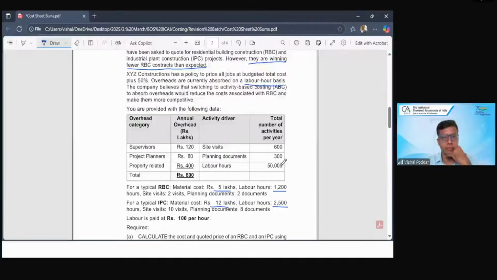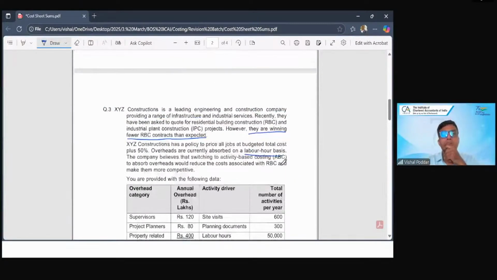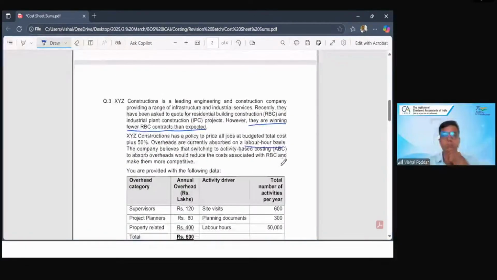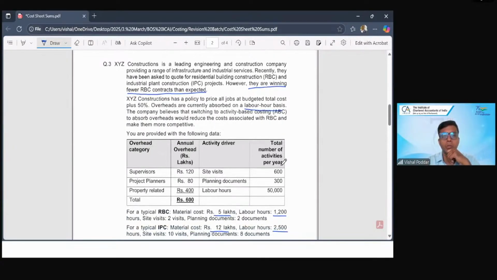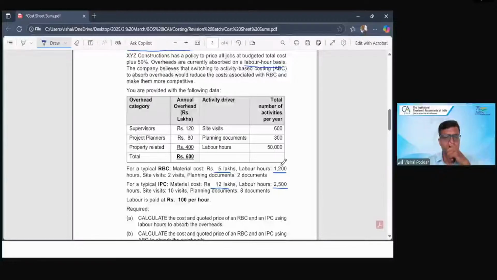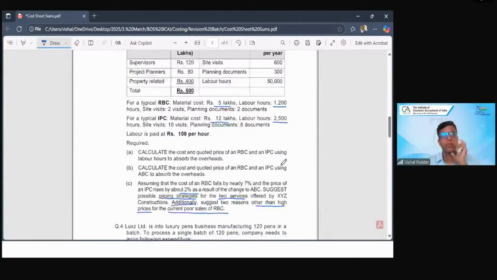What could be the reason for RCB having poor sales? And they want you to suggest the reasons other than the high price.